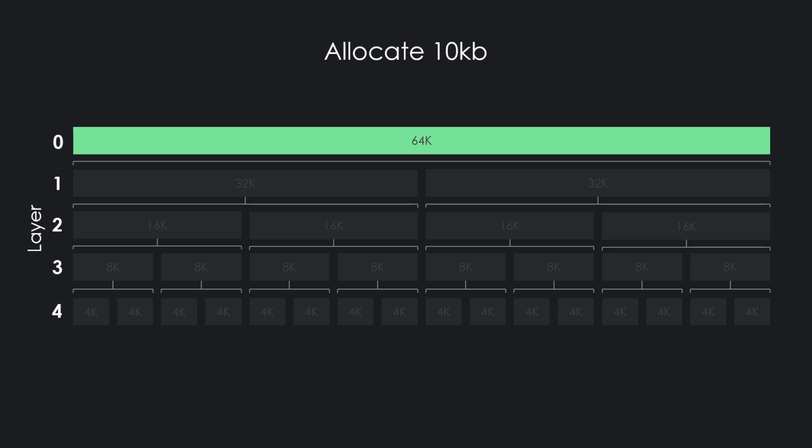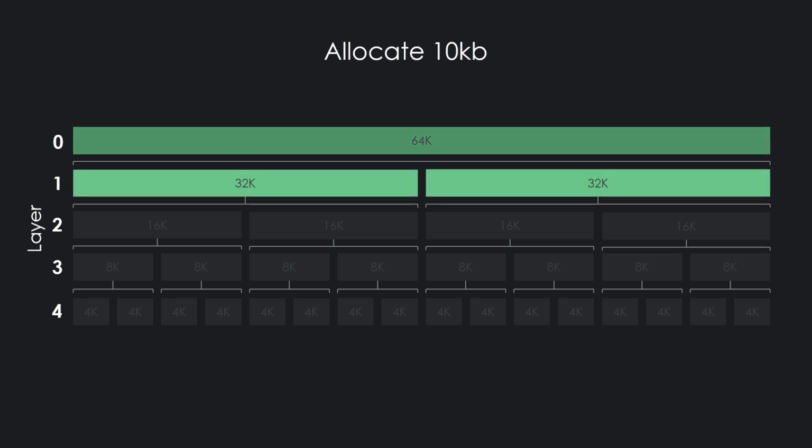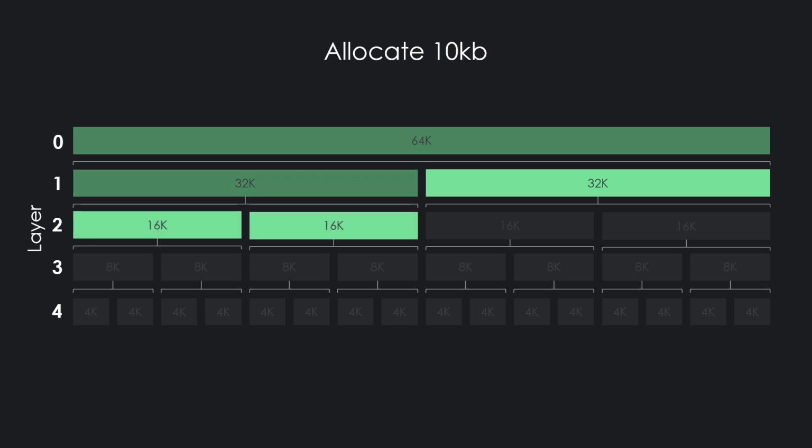Since this block is much larger than what we want to allocate, we will divide it into 2. Now we have two 32 kilobyte blocks. This is still too large, so we take the first block and divide it again. 16 kilobytes is as low as we can go for 10 kilobytes to fit, so we allocate the first of the 16 kilobyte blocks.